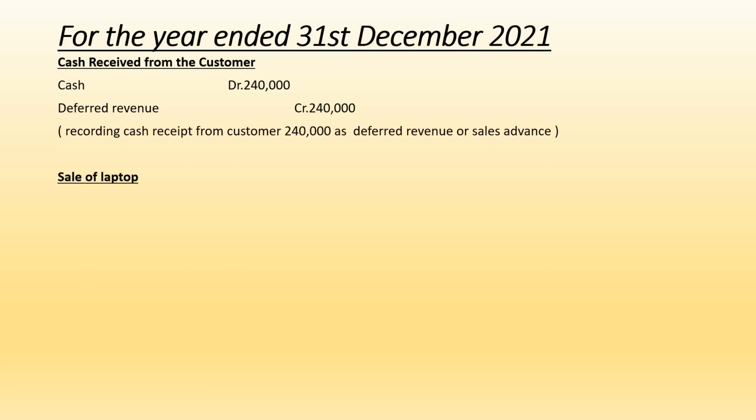So when we receive the money, we are going to debit the cash account by 240,000 and credit the deferred revenue account by 240,000. Why? Because still we have not earned this revenue. Then when we sell the laptop, we are going to debit the deferred revenue account and credit the revenue from laptop account by 89,552.